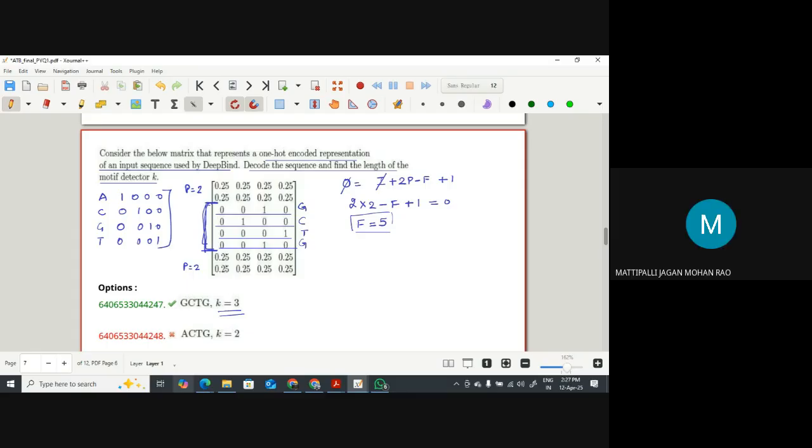In the lecture, the motif detector length M minus 1 becomes the padding. So the total length of the matrix is N plus 2 into M minus 1, where N is the sequence length. So M minus 1 is equal to 2 here. So M equals 3.